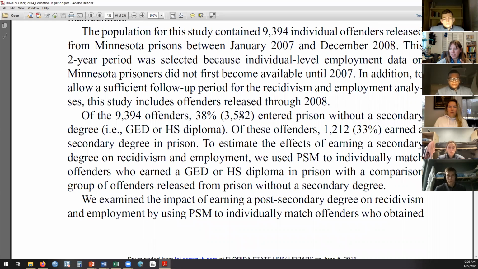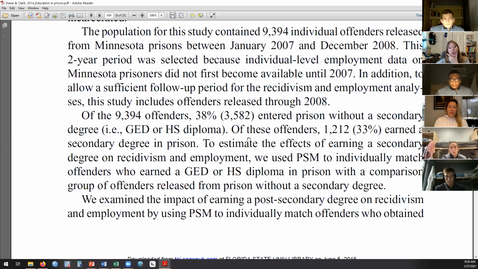So there's this many that came to prison without that degree. And of this many, here's our treatment group. We've got 1,200 that earned a secondary degree while they're in prison. So is this our treatment group or our control group? Treatment. Exactly. And we can simply subtract to get our control group right here.